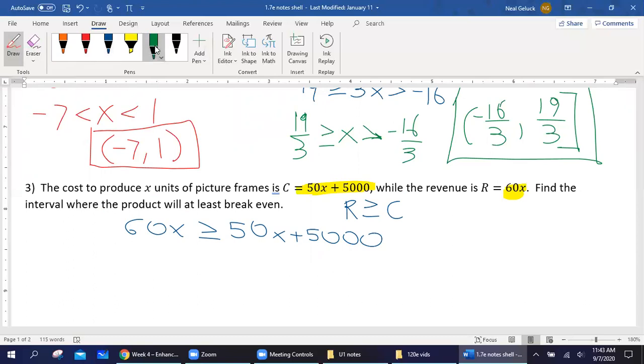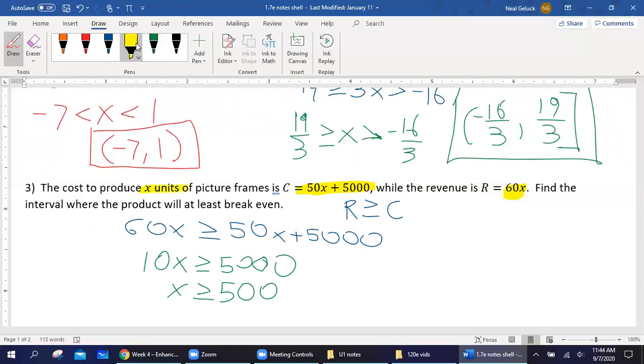So I've got a fairly simple equation here, or inequality, excuse me. So if I subtract over 50x, I'll have 10x. Divide by 10. So x in this was the number of picture frames.